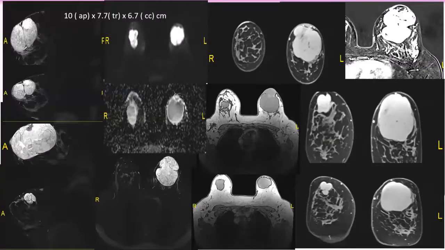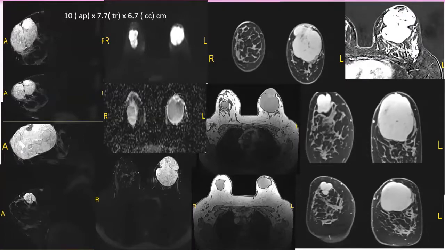Furthermore, when we go for MRI, again, following the conventional images, the right one is more typical of fibroadenoma: internal septation, more homogeneous, circumscribed.